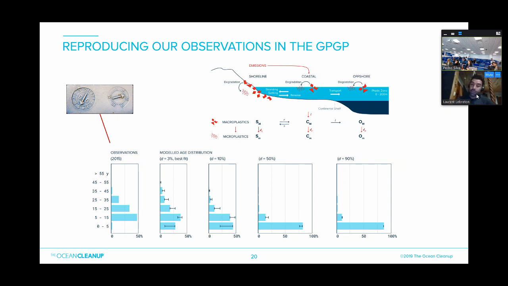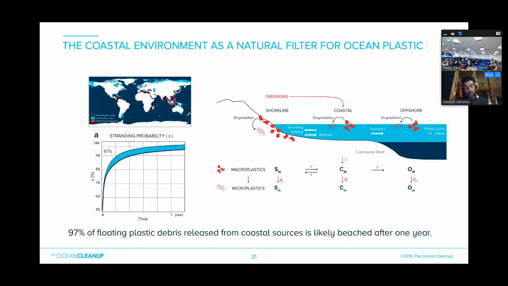Now the thing is, if we have a small degradation rate, then how can we explain that there is not that much plastic at the surface of the ocean, right? Well, in our model, we explain it by the coastline filtering the plastic going into the ocean.